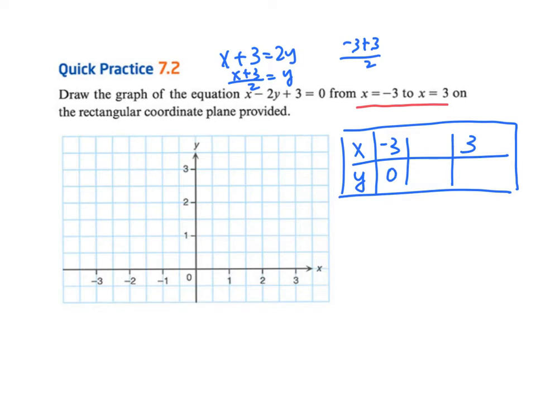If I substitute 3, it will be 3 plus 3 divided by 2, so it will be 6 divided by 2, so you will have 3 here. And then I can choose one remaining point for checking, okay?